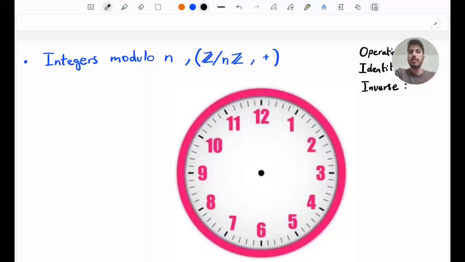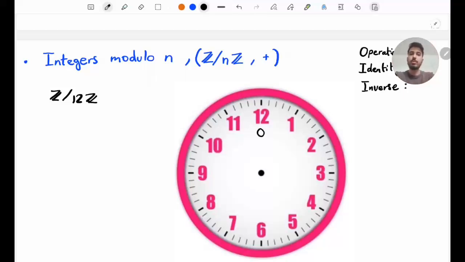Well, I'm here to tell you that mathematics has formalized this in what we call Z/nZ, the integers modulo n. In this example of a clock, the integers are modulo 12, because we start at 0, which is 12 o'clock midnight.